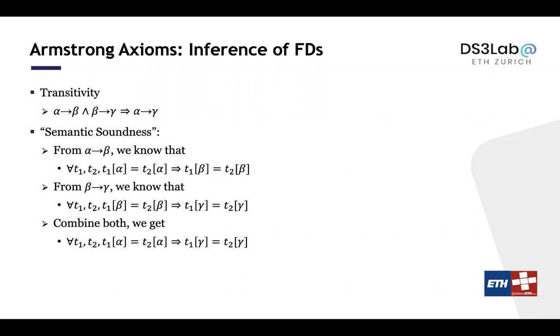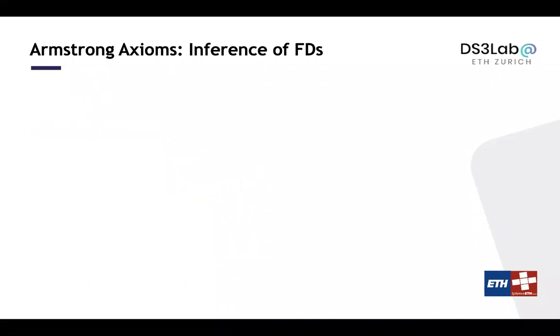So for any relation instance that satisfies alpha to beta, beta to gamma, that relation instance will always satisfy alpha to gamma. That is, if you apply this inference rule to derive alpha to gamma, given alpha to beta and beta to gamma, you will have something that is also semantically correct, okay?